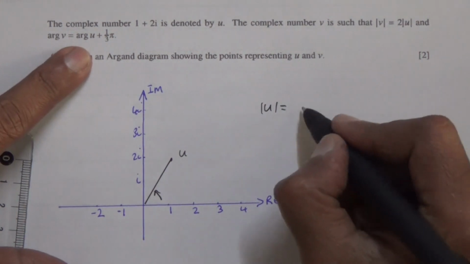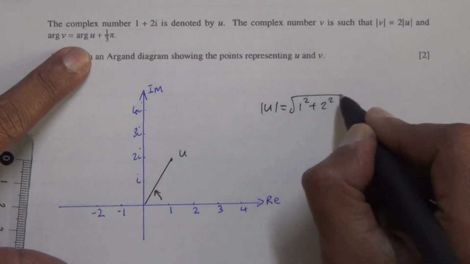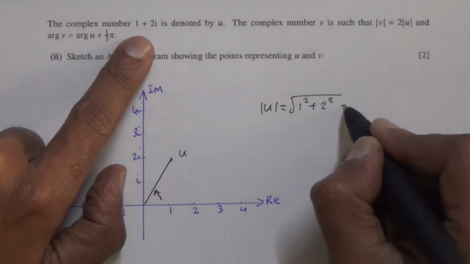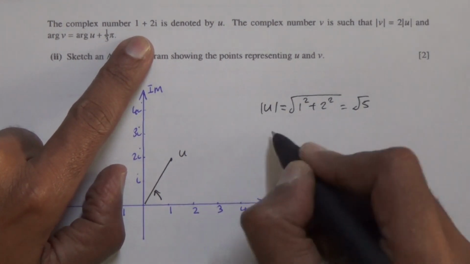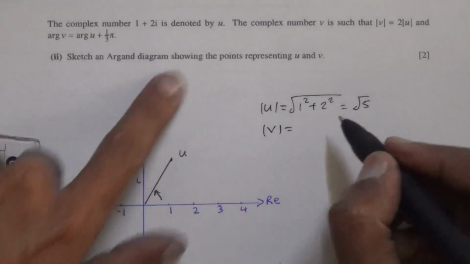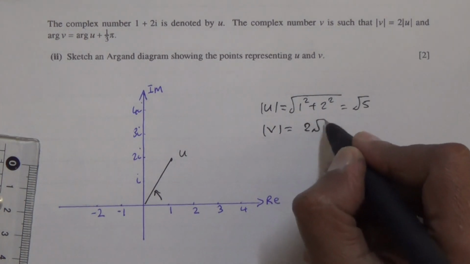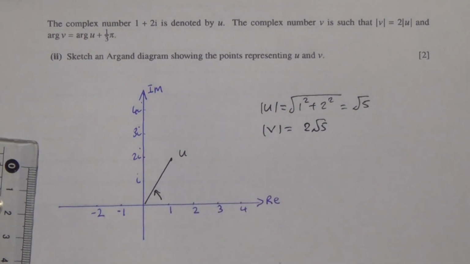The modulus of u is the square root of 1 squared plus 2 squared, so we're saying root 5. So the modulus of v is then twice that, because they're saying it's 2 modulus of u, so 2 root 5.